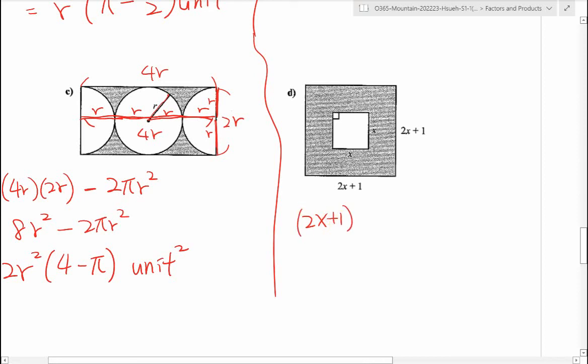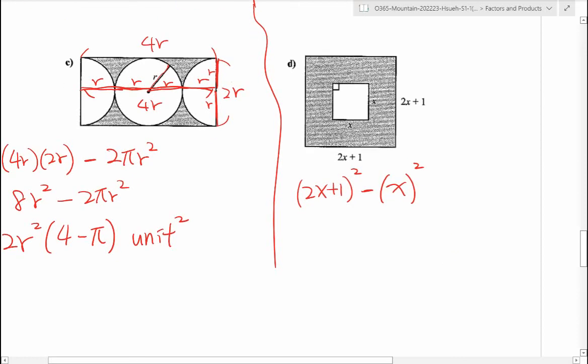plus 1) squared, minus the area of the smallest square, which is going to be x squared. Again, you can see this is a difference of squares, so then we can factor by having the sum of the two terms multiplied by the difference of the two terms.